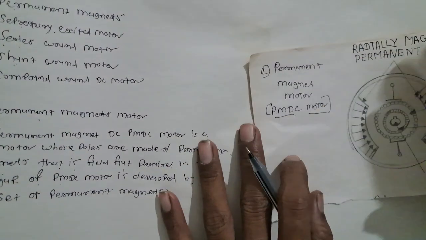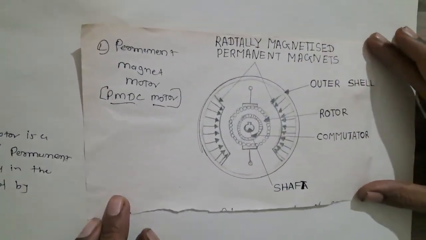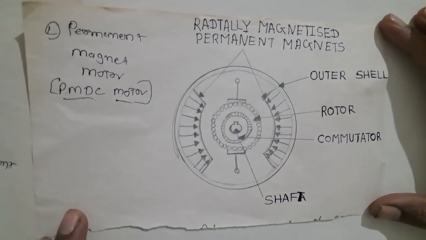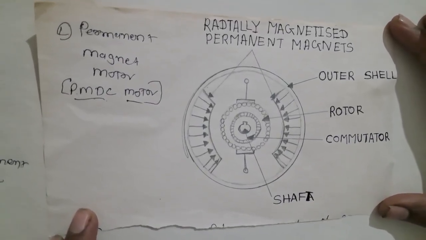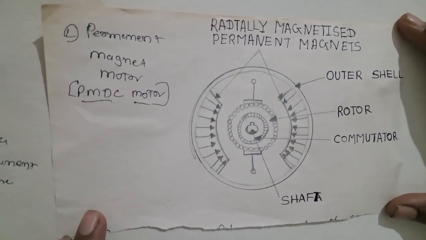The permanent magnets of a PMDC motor are radially magnetized and mounted on the inner periphery of the cylindrical steel stator.